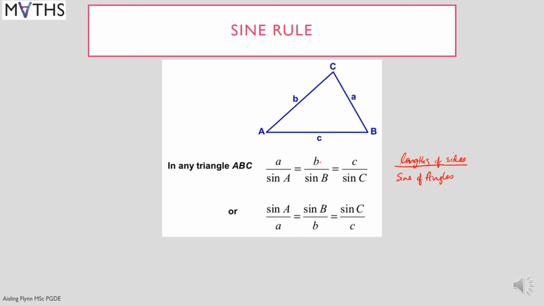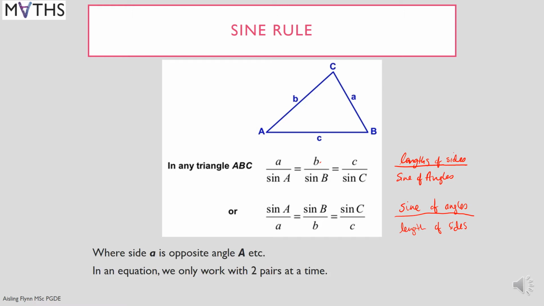Or you can use the inverted version, which has the sine of the angles on top over the length of the sides on the bottom. Because they're ratios, because they're comparisons, they will still be equal. It looks a little unusual in that you have 3 fractions and 2 equal signs.